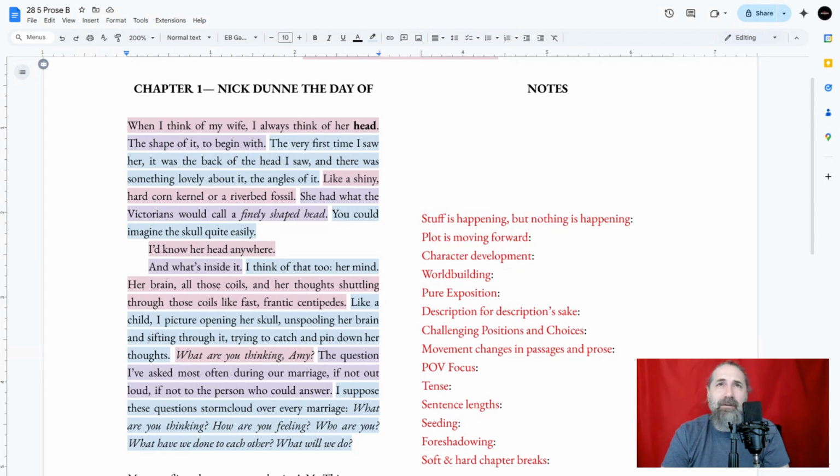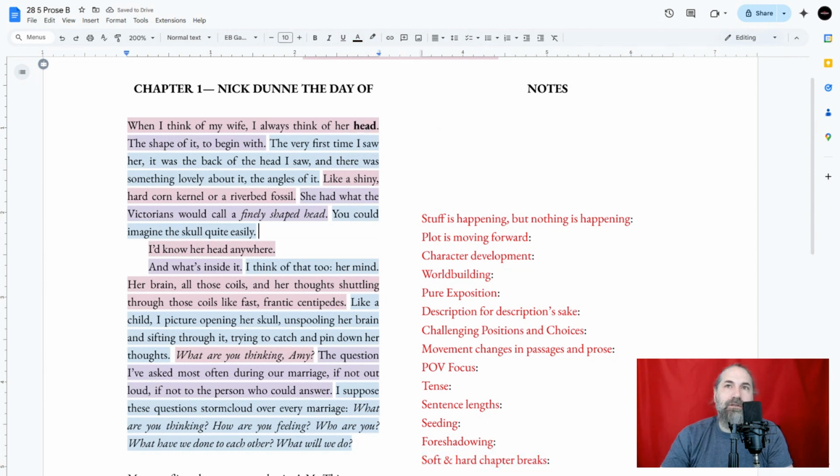So the very first time I saw her, it was from the back of her head, and there was something lovely. That would be the cleanup. But of course, she's allowed to do whatever she wants because they're writers.